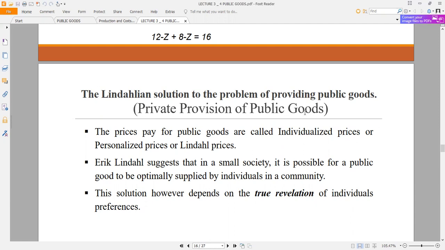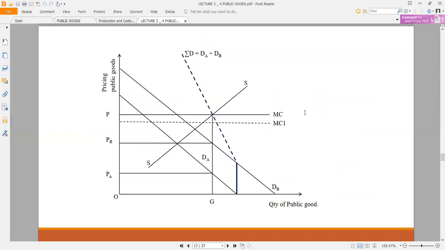So these Lindahl prices are based on the assumption that people will truly reveal the benefit that they get from the good. But if they don't, then we have issues as to whether we can produce the public good or not.